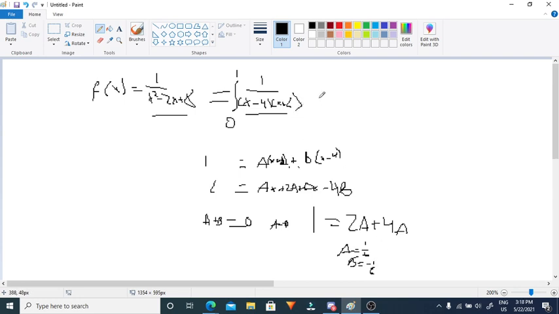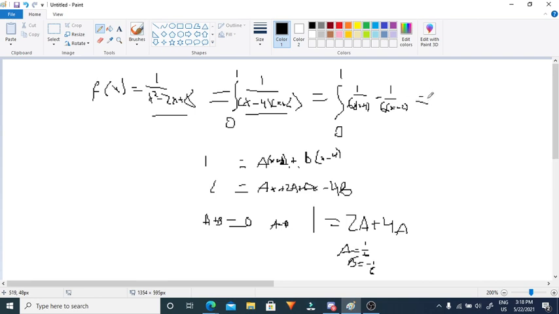Which means that this is going to become the integral from 0 to 1 of 1/6 times 1 over x minus 4, and then minus, because b is negative 1/6, 1/6 times 1 over x plus 2. And now we can do the integral of this.